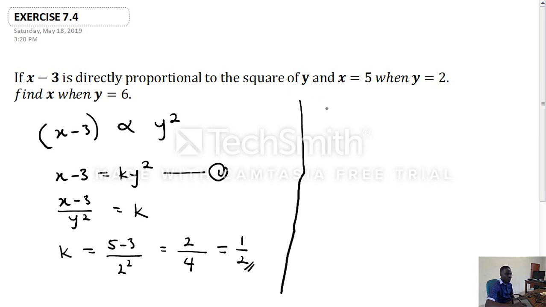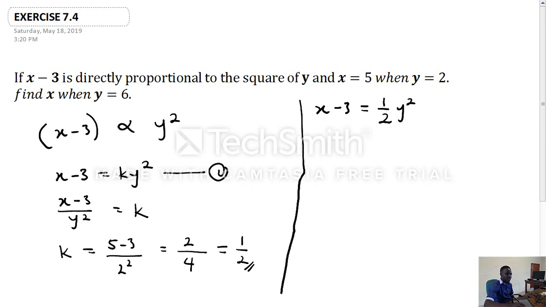We are going to resubstitute it back into equation 1. Now when k is equal to half, what is the relationship? We have it that x minus 3 is equal to 1 over 2 y squared.